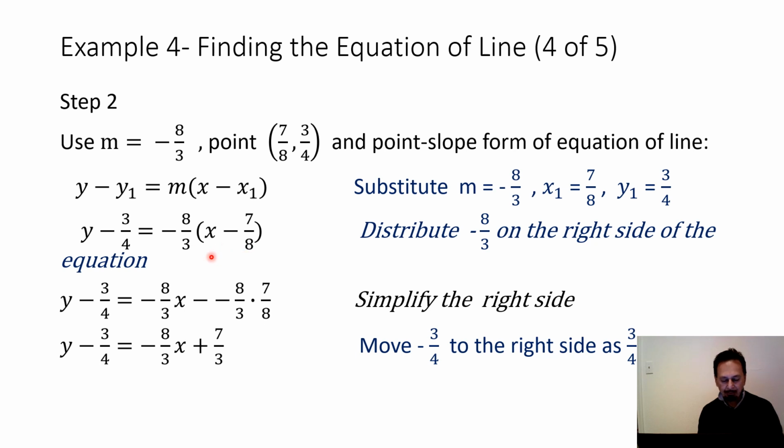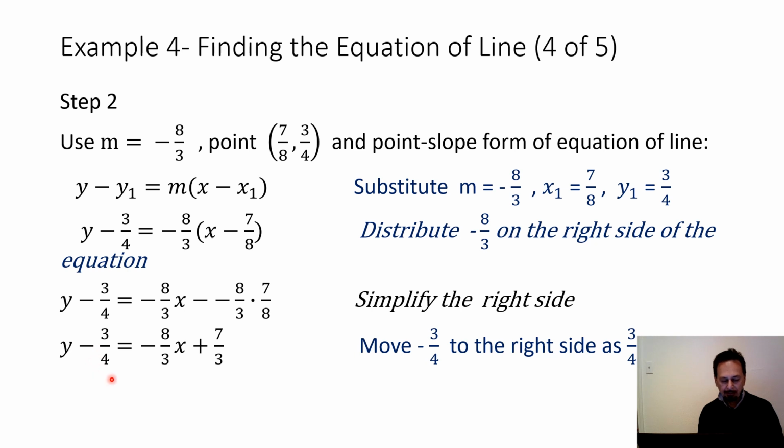Now on the right side we distribute -8/3 times x, and then -8/3 times 7/8. We can simplify: negative becomes positive, 8 cancels with 8, so you're left with 7/3.